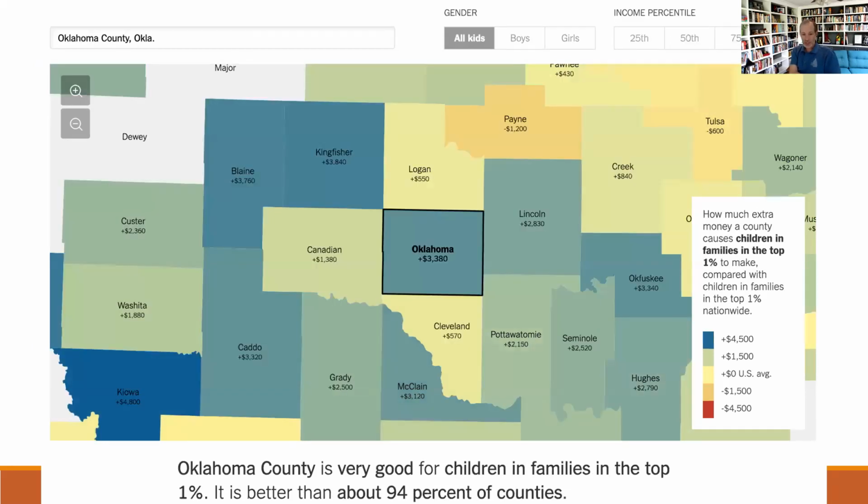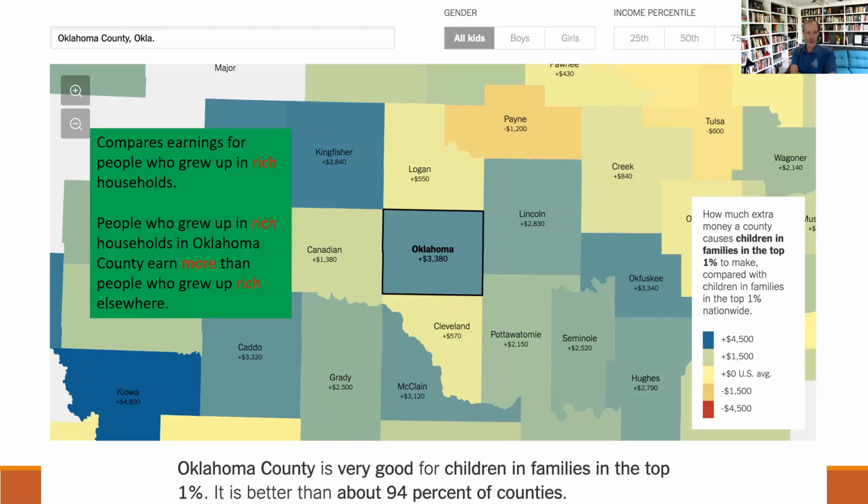It's really good, as it turns out, for children born into rich families compared to children born into rich families elsewhere, right? Remember, that's what's going on here, is we're taking children born into an income category in Oklahoma County and comparing that to children born into the same income category in other counties. So people who grew up rich in Oklahoma County earn more than people who grew up rich elsewhere.